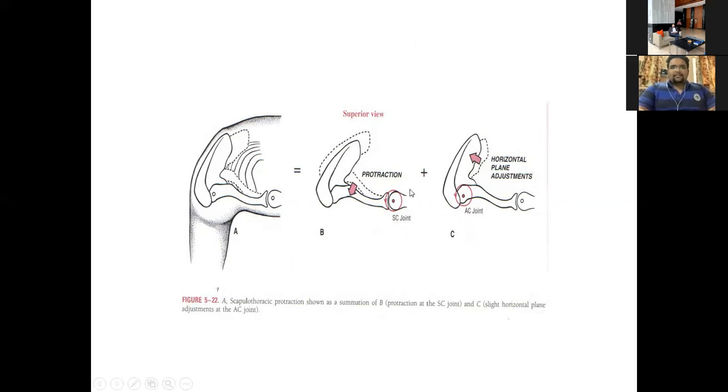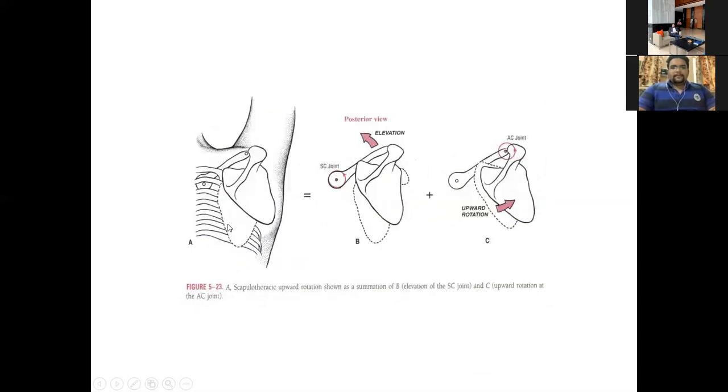This is occurring as a combination of protraction at the SC joint along with the horizontal plane adjustment at the AC joint, summatively causing the protraction at the ST joint. Now moving up to another motion of the ST joint, that is ST joint upward rotation. How is this upward rotation occurring? It is occurring as a combination of elevation at the SC joint along with the upward rotation at the AC joint, summatively causing the upward rotation at the ST joint.